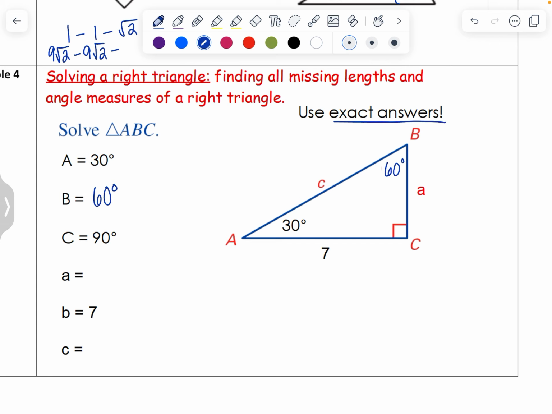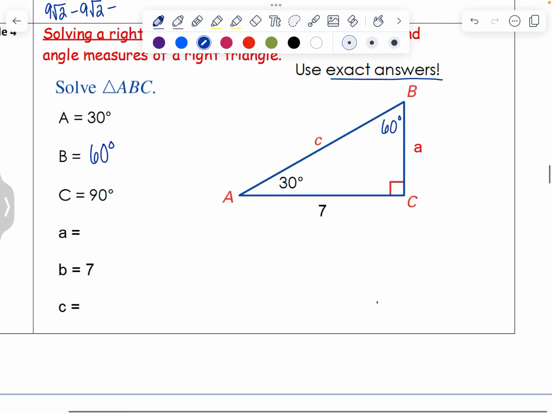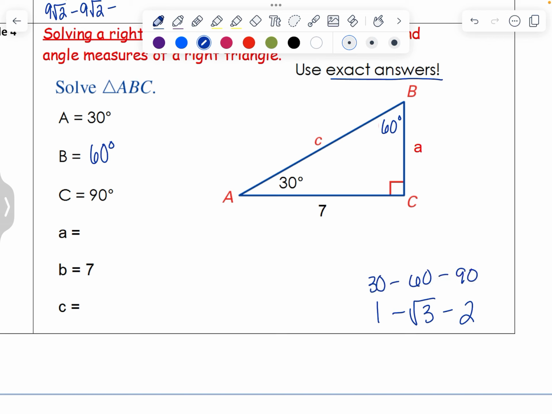So instead of using trig, we're going to use our special right triangle ratios. One thing I notice is that we are given the long leg here. So my ratio for this triangle is 1, square root of 3, 2. And remember that goes in order 30, 60, 90 from smallest to biggest, 1, 1.7, 2.